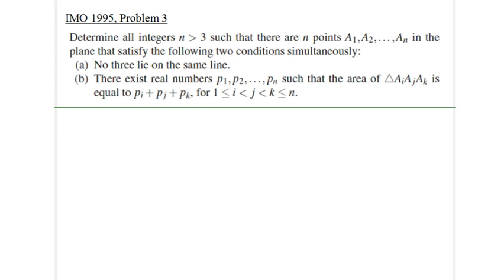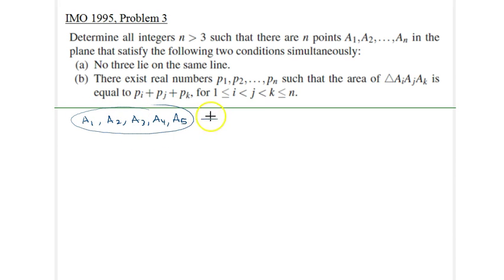So therefore, what I have here is that observe that if we have 5 points, a sub 1, a sub 2, a sub 3, 4, and 5, consider these 5 points and the smallest convex polygon containing them.